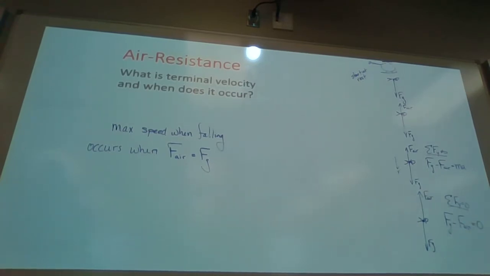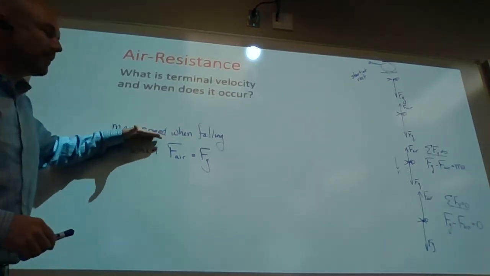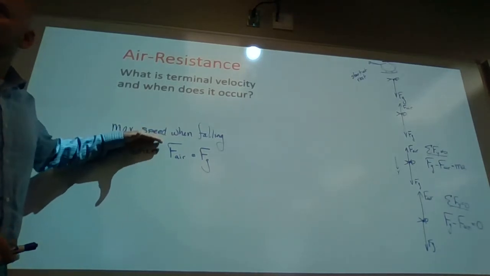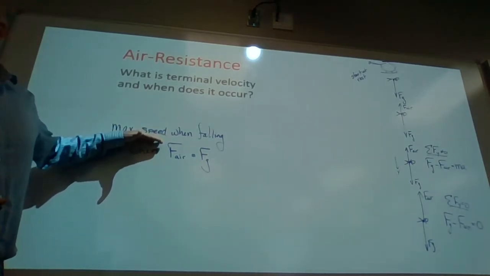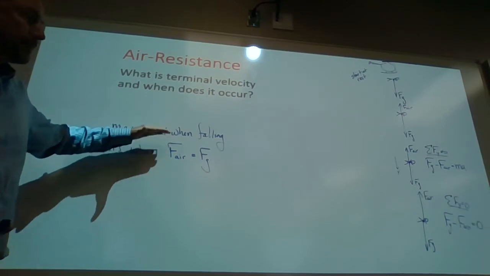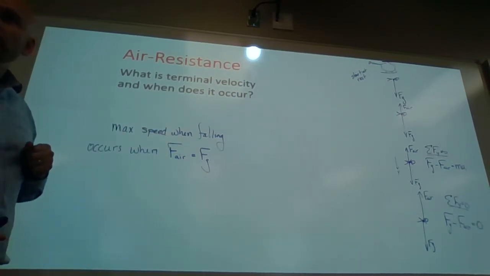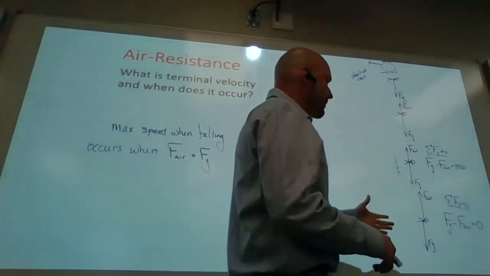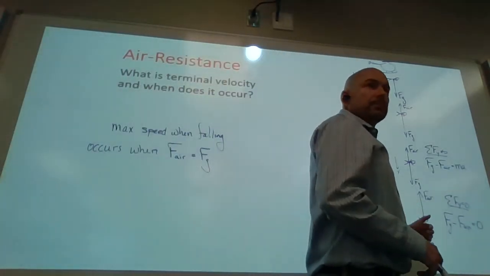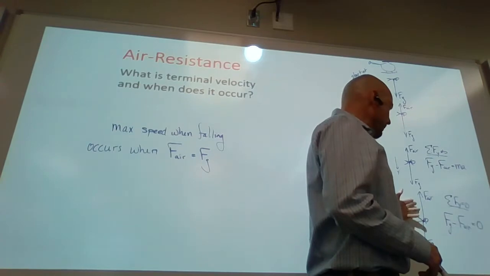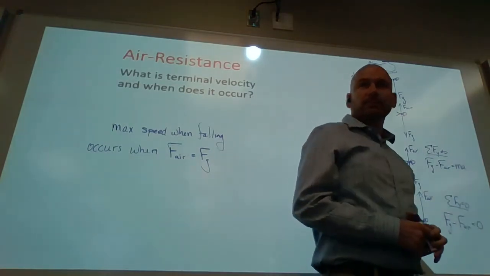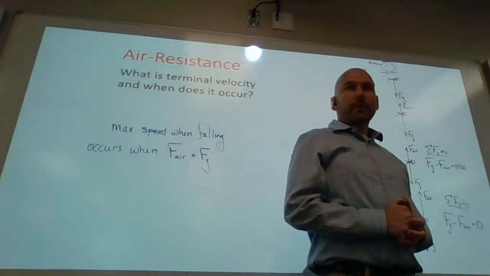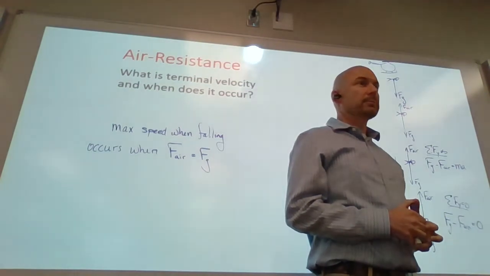So you continue to fall at your terminal velocity. Does that make sense? You max it out, you're going as fast as you possibly can. And this happens when air resistance is equal to the force of gravity. Good with that?